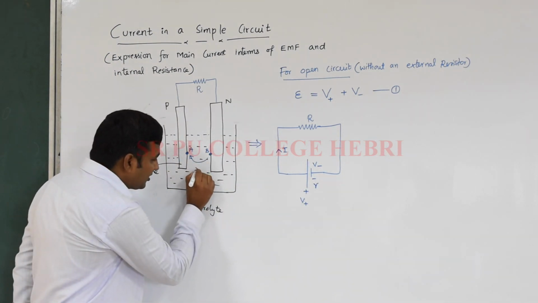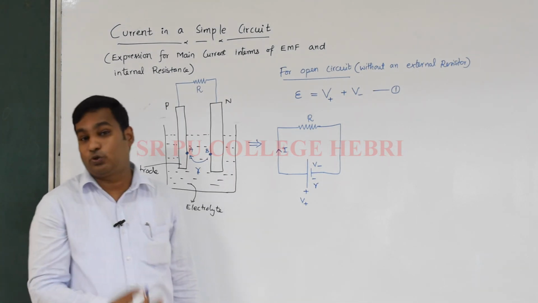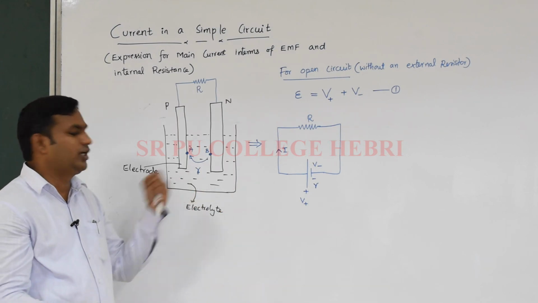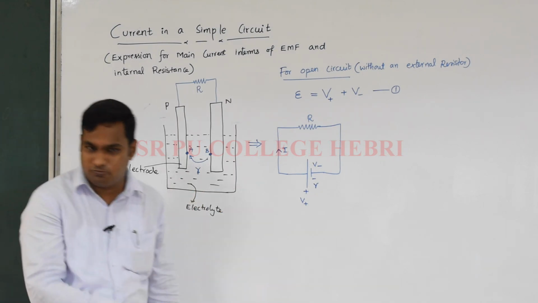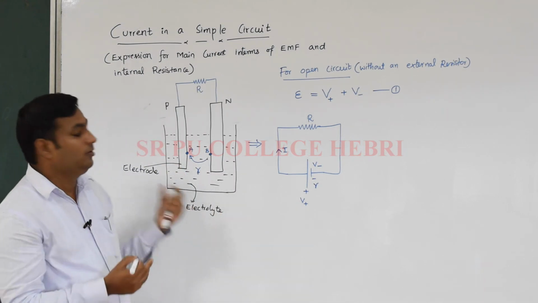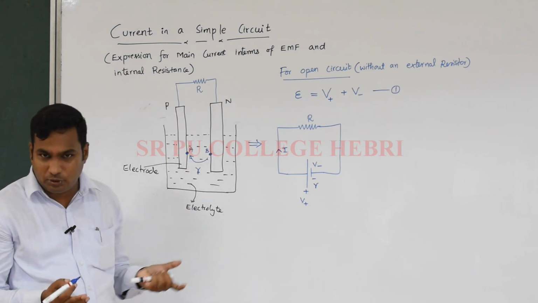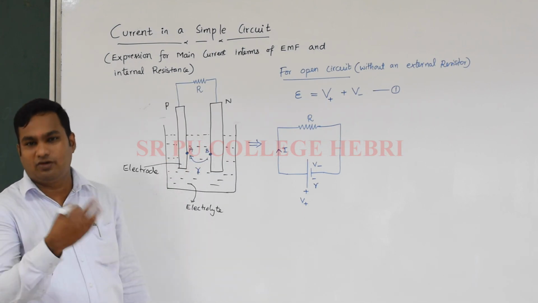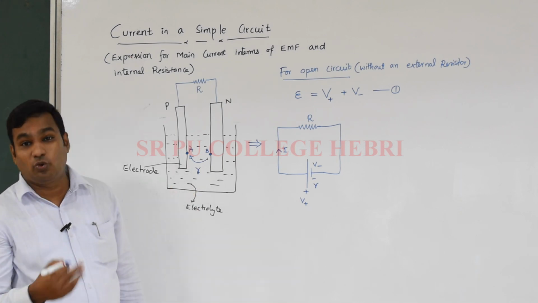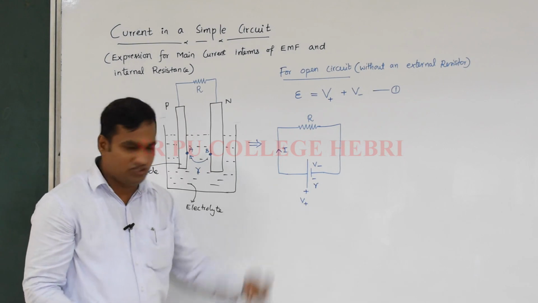That internal resistance is provided by the electrolyte. The nature of the electrolyte and concentration also play an important role. Internal resistance depends on the area of the electrode plate, the separation between the electrodes, the concentration, the temperature, and the nature of the electrolyte we use.